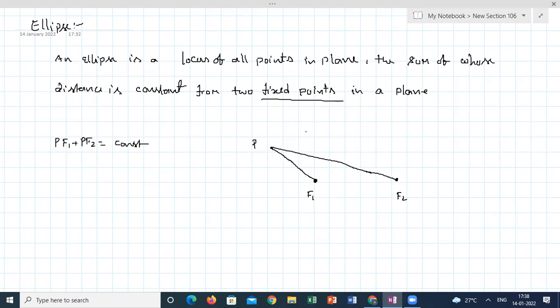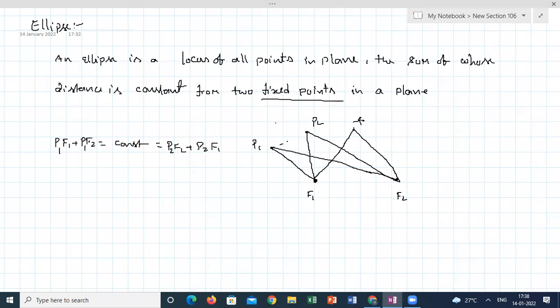That means if I take some other point P2, the sum P2F1 plus P2F2 must be equal to the same constant. Or if I take some other point P3, the distance from P3 to F1 plus P3 to F2 must be the same.